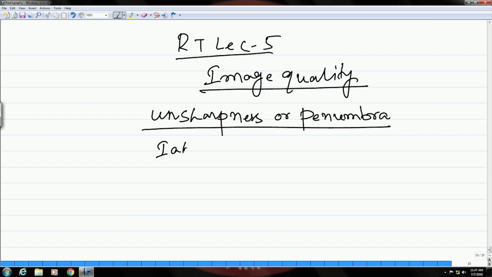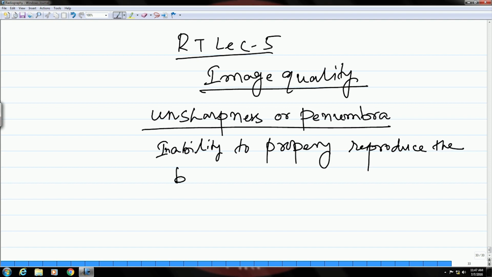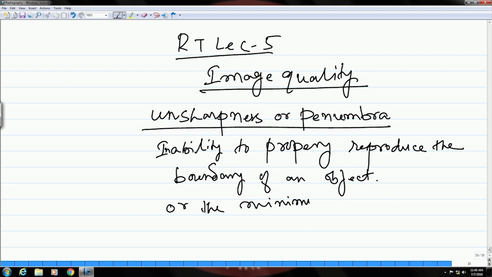This can be defined as the inability to properly reproduce the boundary of an object, or the minimum distance between two objects that can be resolved.